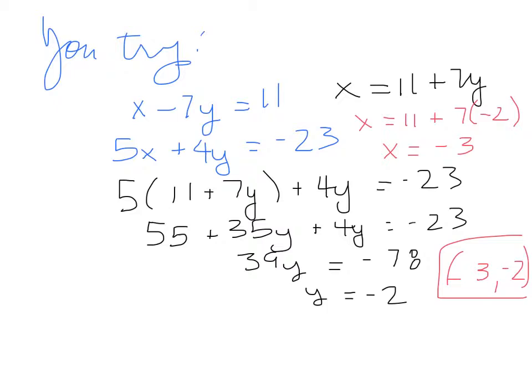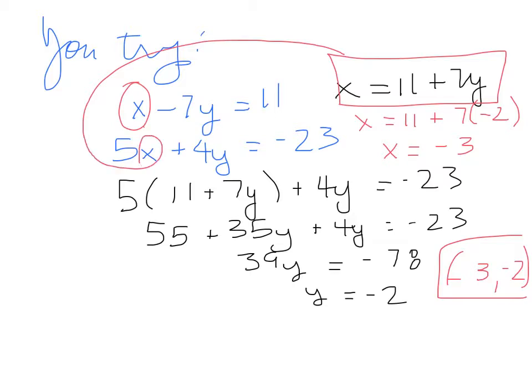When I looked at this, I decided that x would be the easiest thing to solve for, and make the substitution when I get that. So I'll go ahead and solve for x. In the first equation, x is equal to 11 plus 7y. Once I have that, I put it into the other equation, this time the second equation, wherever x was.